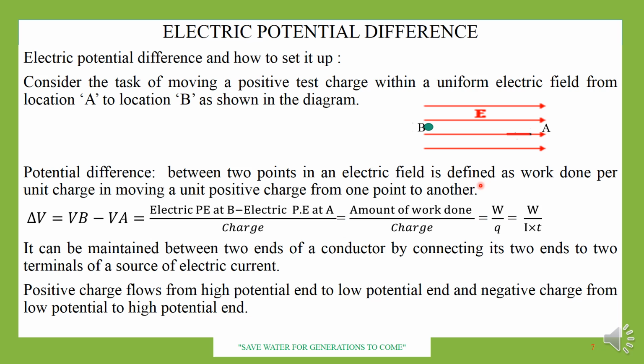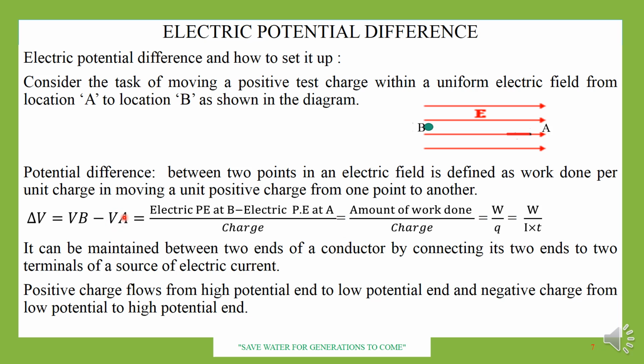Here we can talk about the unit charge only, in place of positive. So from this, what do we come to know? This delta V is not the sign of a triangle, it is delta. We read in physics delta as difference. So here, the change in electric potential difference is VB.